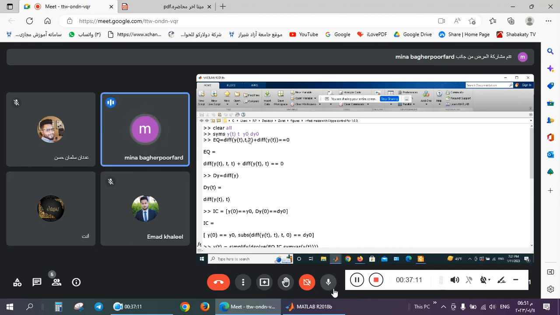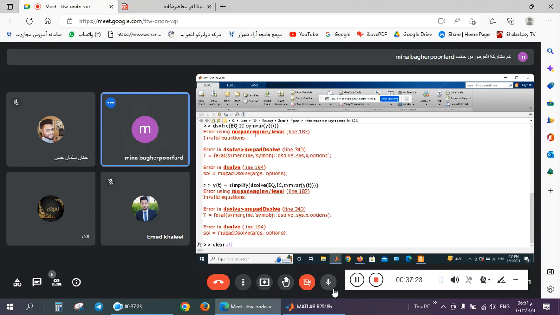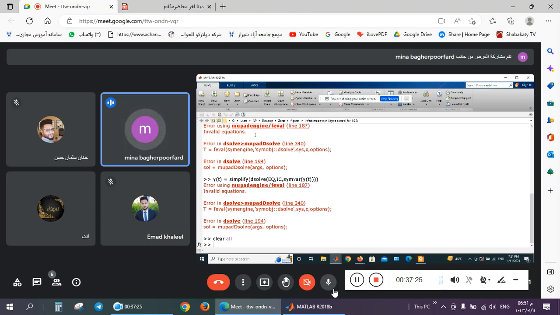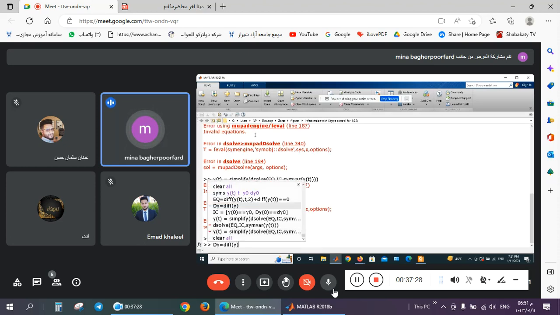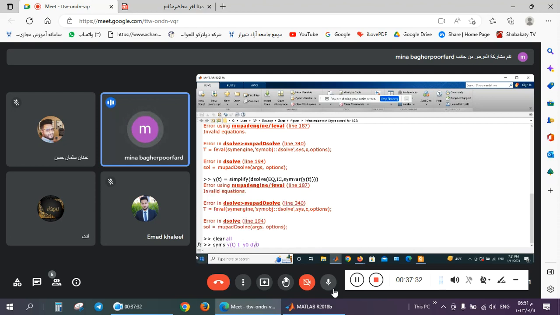If I want to replace the values for y0 and dy0, my program should be changed. Let me clear all again. After that, syms should be defined again. Attention. I should omit y0 and dy0 from here, and we only have two symbols, y(t) and t.